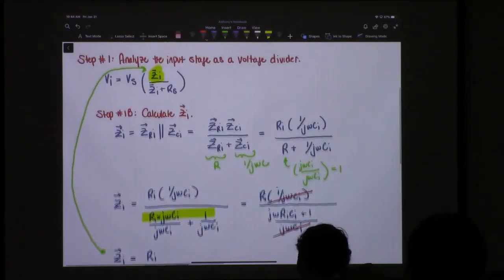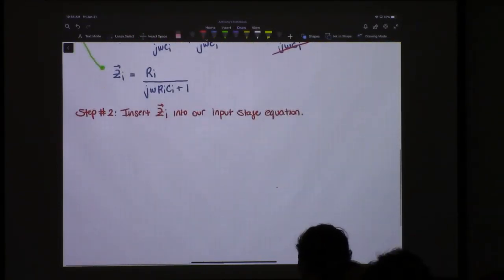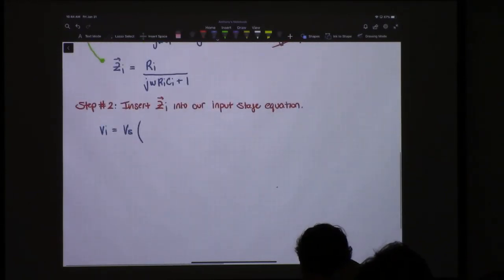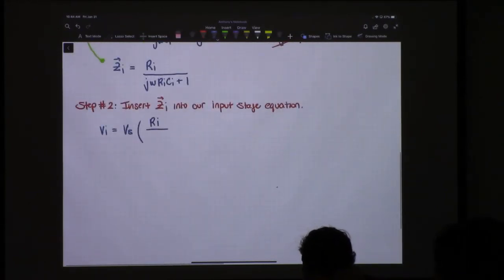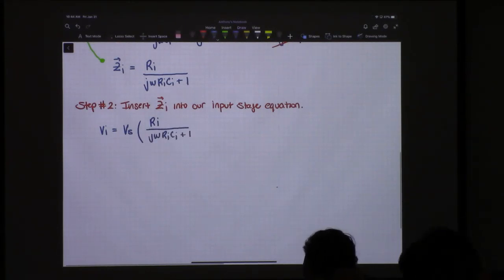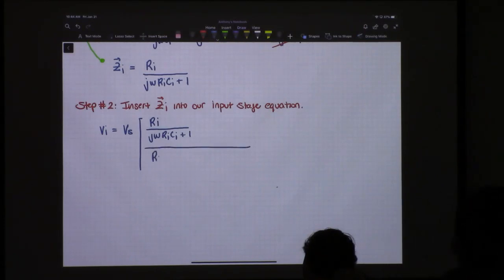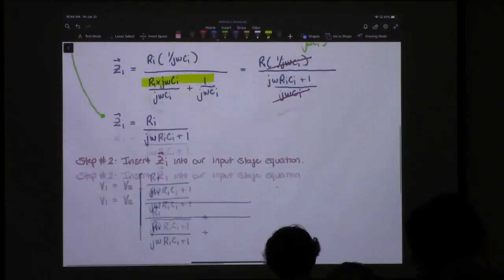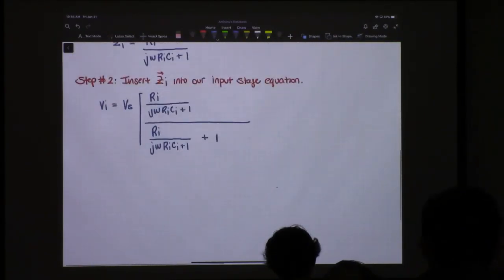So that will leave us with Vi is equal to Vs times Ri over j omega Ri Ci plus 1, all over Ri over j omega Ri Ci plus 1 plus Rs.